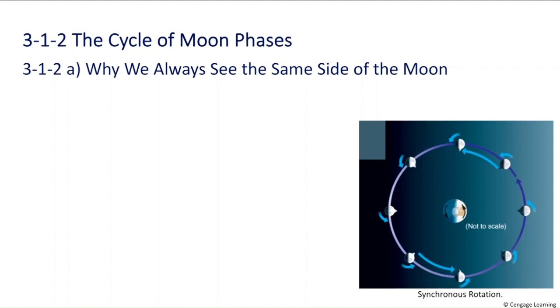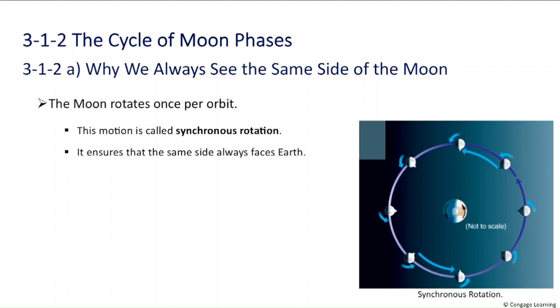Even though it moves around Earth, we always see the same side of the moon. How is that possible? The moon rotates once on its axis every orbit it completes around Earth. So that means the moon's rotation period and orbital period are the same. This is called synchronous rotation.